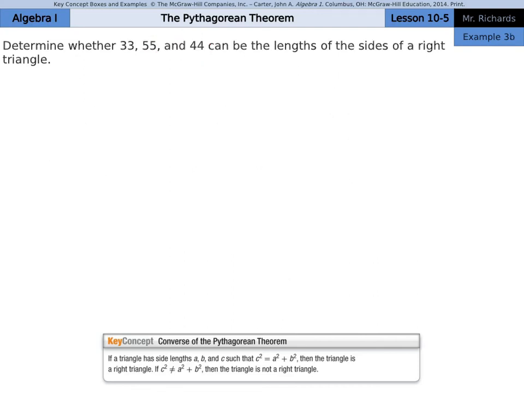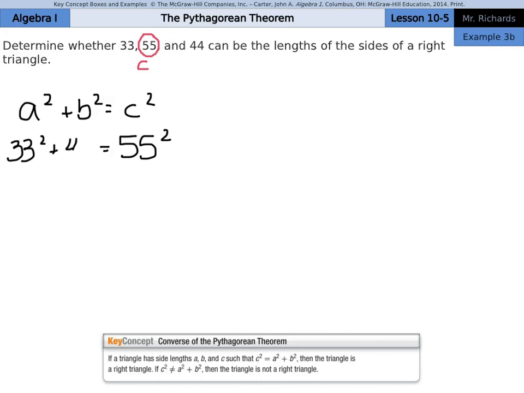So in our last example, determine whether 33, 55, and 44 can be the lengths of the sides of a right triangle. And again, the first thing you want to be able to do is identify where is my longest side and label that C, so that we can say, all right, with a squared plus b squared equals c squared, I know my longest side has to be that C. And my other 2 sides I can just write in for a and b.